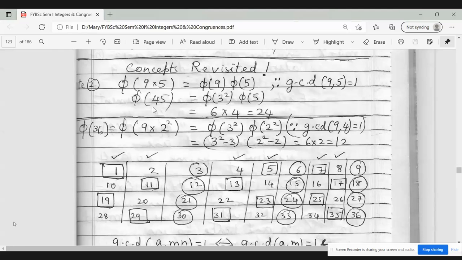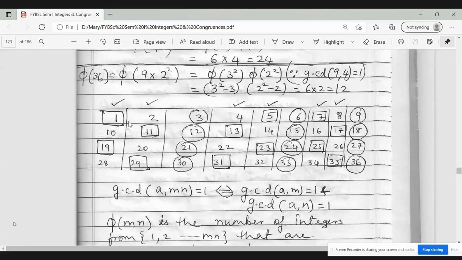Let us see, 9 and 4, GCD is 1. So what we do is we write all the numbers 1 2 3 4 5 6 7 8 9 first, and then 10 11 12 and so on.